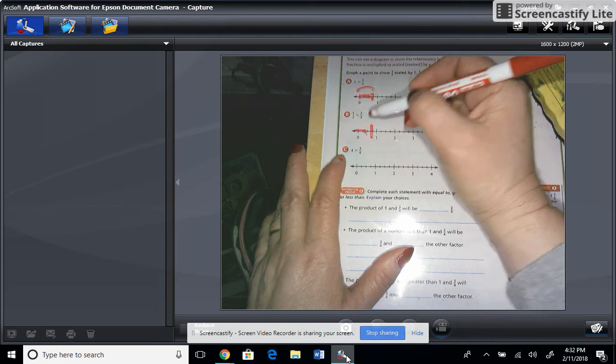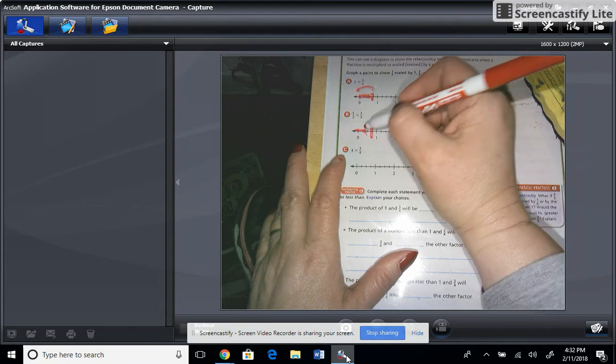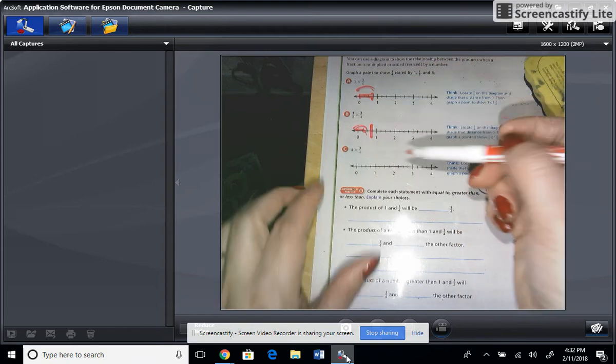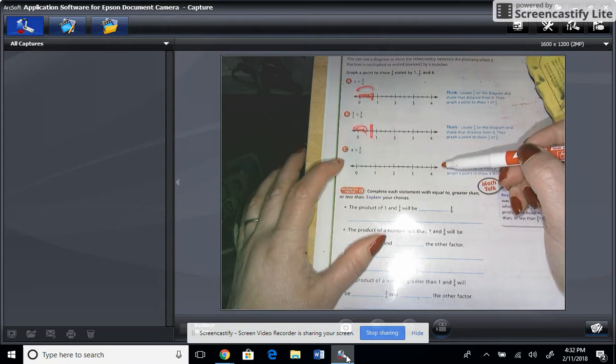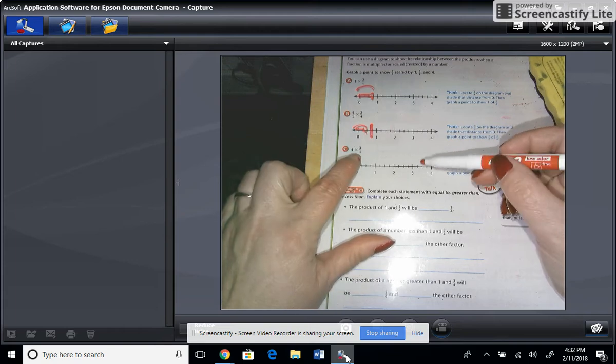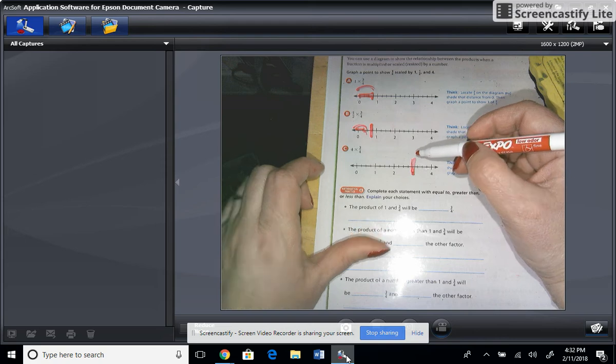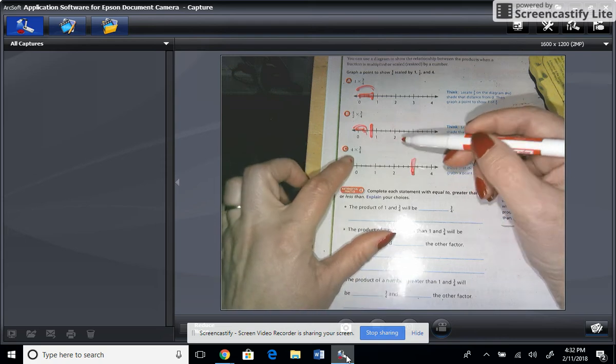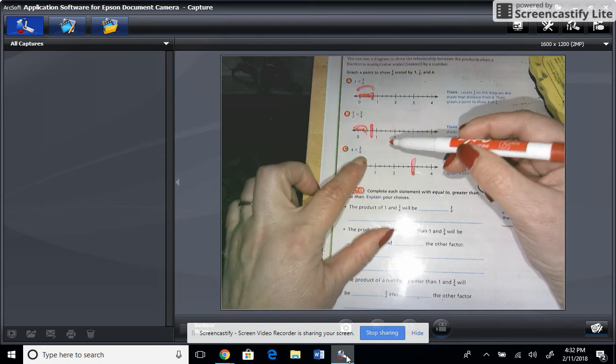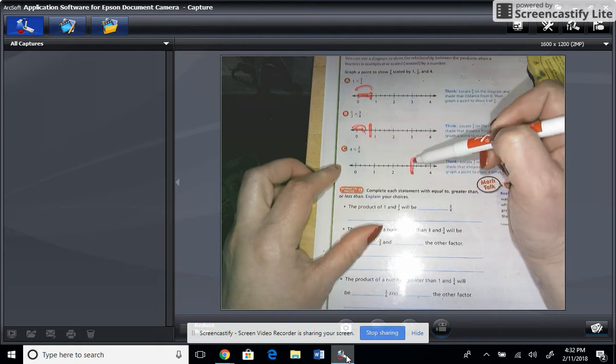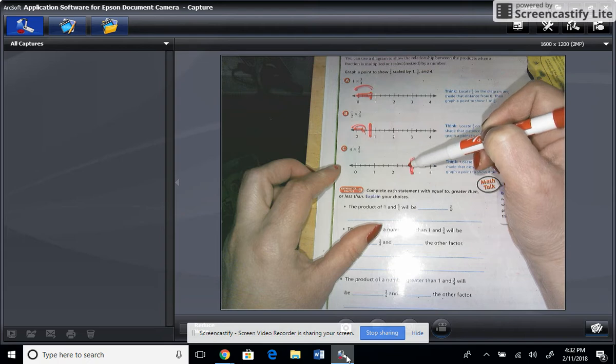Here we have 4 whole, 3/4. So we have 3/4, which is right here. And if we cut this into 4 equal parts, this tells us how much we have. Okay, so we've got to cut that into 4 equal parts. So let's see, 1, 2, 3, 4, 5, 6, 7, 8, 9, 10, 11, 12. So that means every 3.